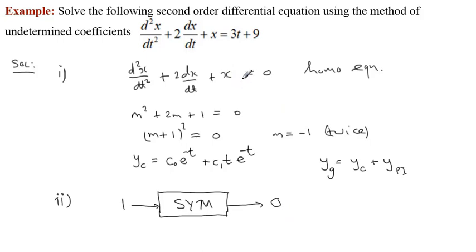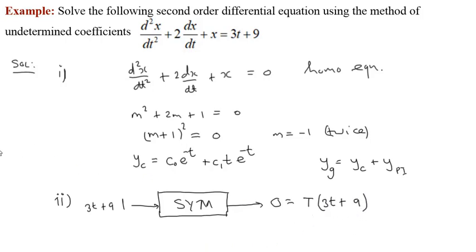Now, if you look at the differential equation here, the input is a linear function, which means the input here should be 3t plus 9. If you input into a system which differentiates what is input into it, what we're going to get here is some kind of transformed 3t plus 9.